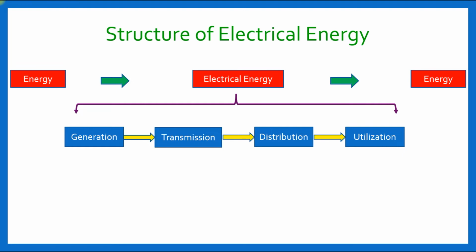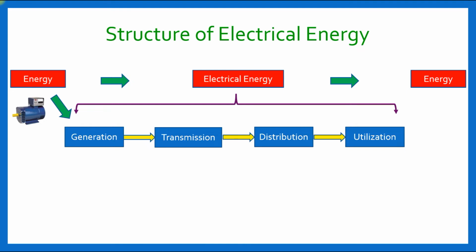This is done using generators. Generally we use synchronous generators, which are called alternators. So we definitely have one converter, called a generator, which converts some energy into electrical energy at the generation part.